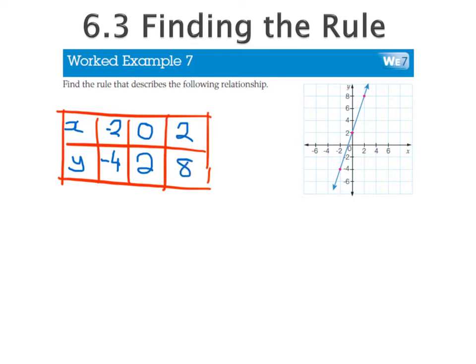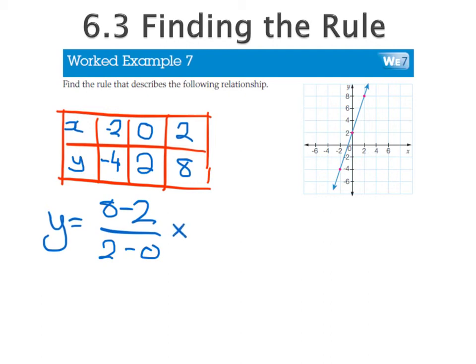If I follow what I was using before, rise over run, these two numbers are easiest because they're whole numbers and I'm not going into negatives either. If I look at my rise, remember that's our y-axis. So I'm going to go y equals 8 take away 2 divided by our run, which is our x-axis, and that's going to be 2 take away 0. So always work with the bigger numbers.